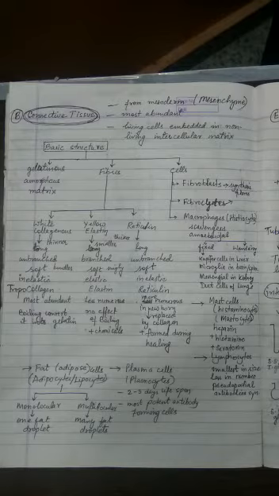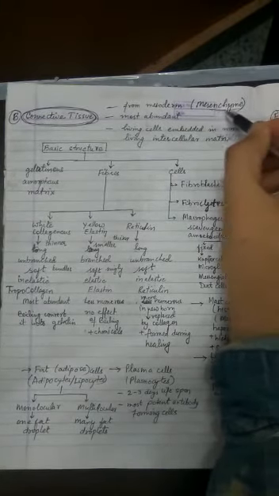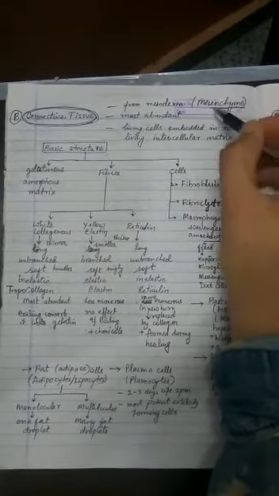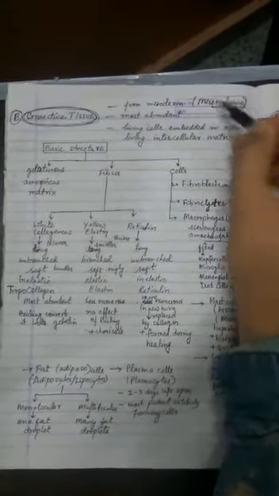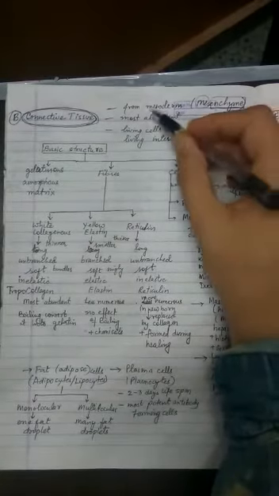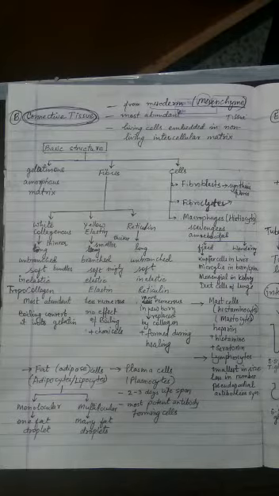Therefore they are also called by some scientists mesenchyme, because in 9th class you have done parenchyma, collenchyma, sclerenchyma in plant tissue. The word enchyme is used basically for tissue, and meso is used for mesoderm. So the tissue which develops from mesoderm can also be called mesenchyme.